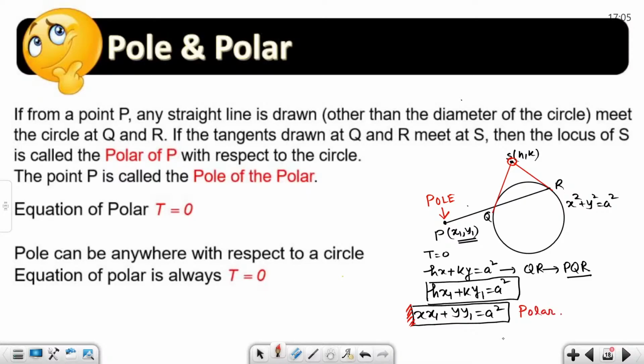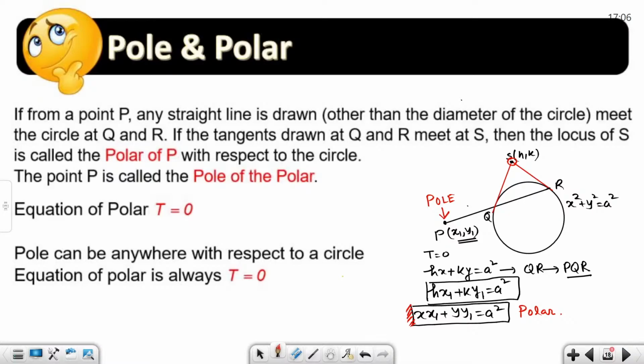Am I correct or not? So this is the equation of the polar, which is basically the locus of point S. And P is called the pole with respect to this circle. Is it clear? So remember in this way, the pole is always a point and the polar is always a straight line.